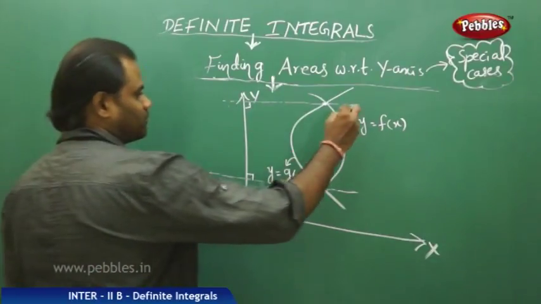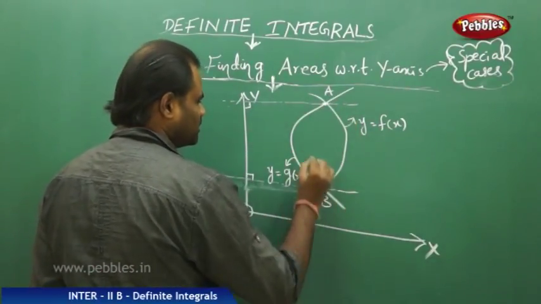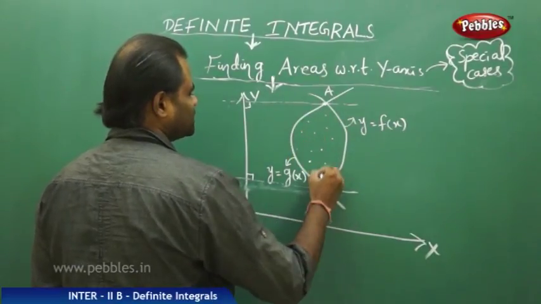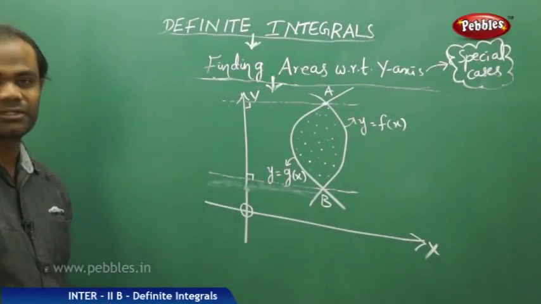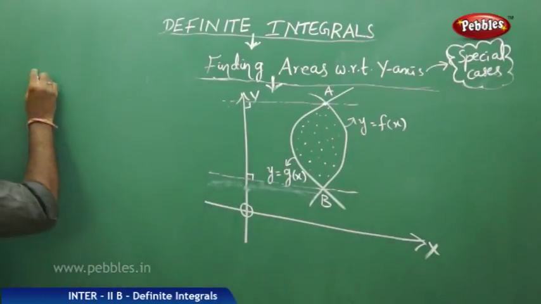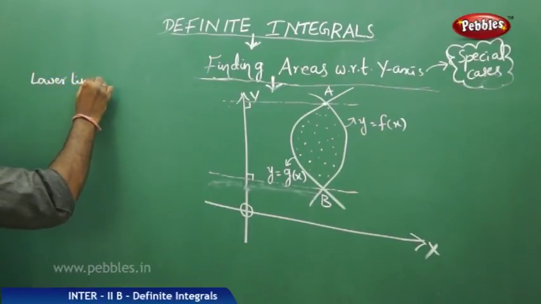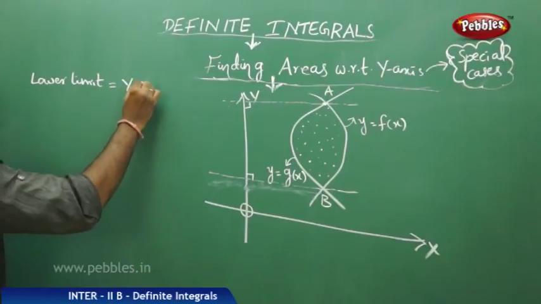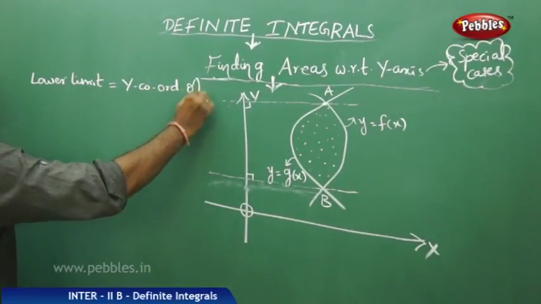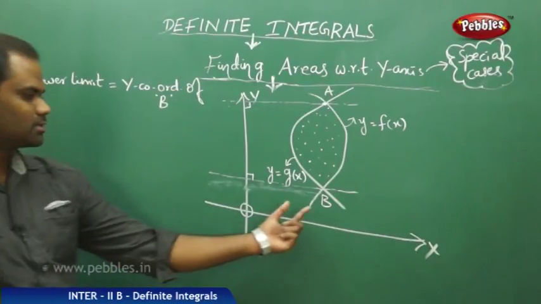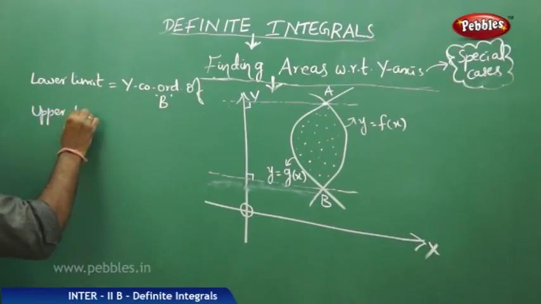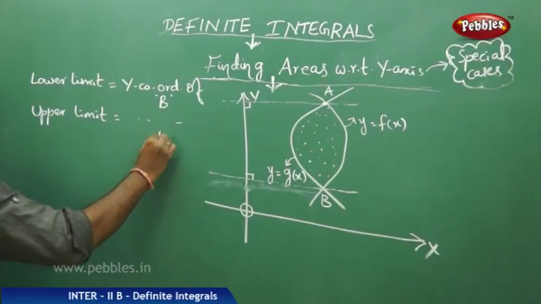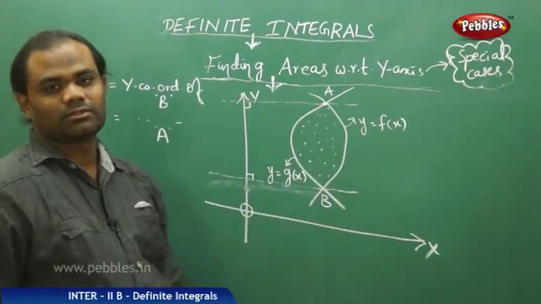If I take the points of intersection as A and B, then the area of this shaded region is found using the points of intersection. So the lower limit is the y coordinate of B, that is the point of intersection of the two curves, and the upper limit is the y coordinate of A.